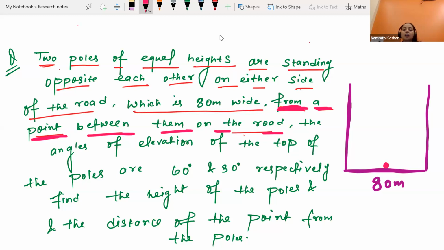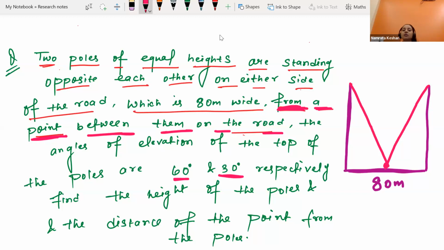The angles of elevation of the tops of the poles are 60 degrees and 30 degrees respectively. So from this point to the top of one pole, and from the same point to the top of the other pole, there are two angles of elevation: one is 60 degrees, another is 30 degrees.